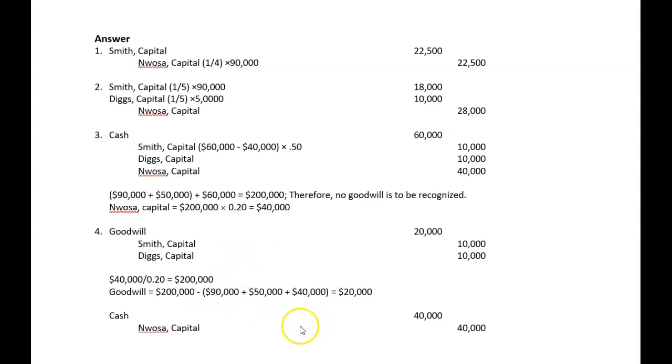There's a goodwill component here equal to the $10,000 capital amounts here. So because he's only putting in 40,000, we need to increase that. We need to set up that goodwill. And then the cash comes in, it's 40,000 this time as opposed to 60. And that's what his capital account also will reflect.